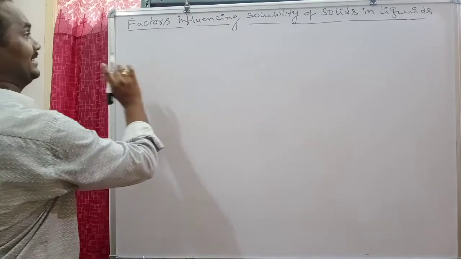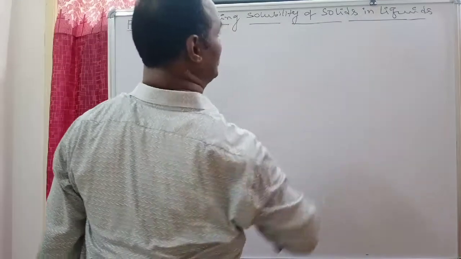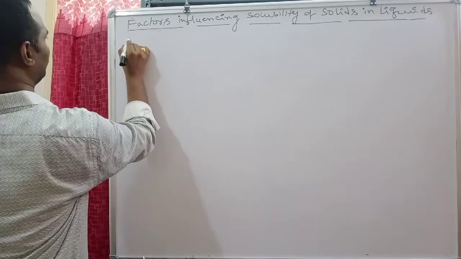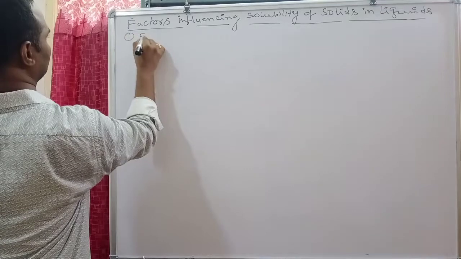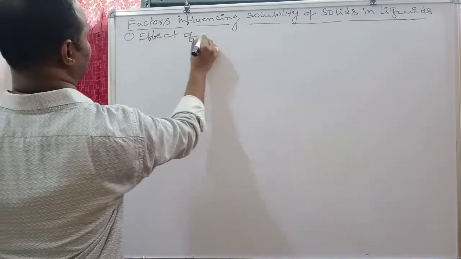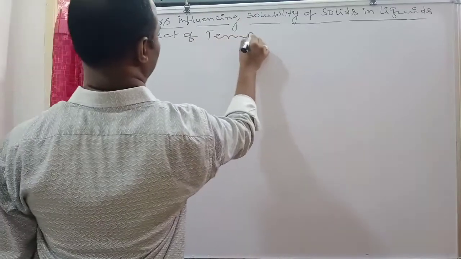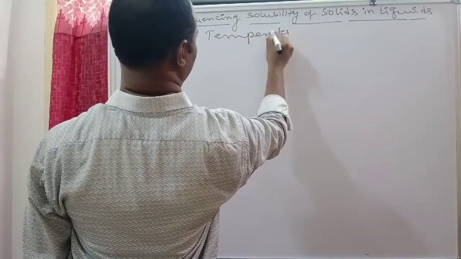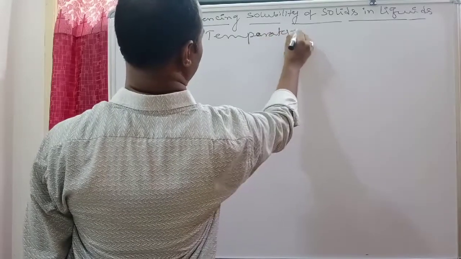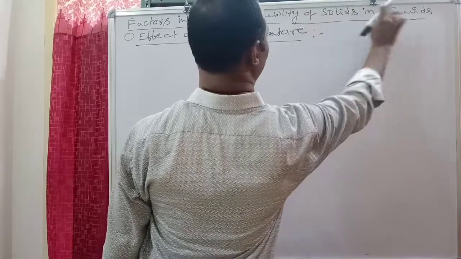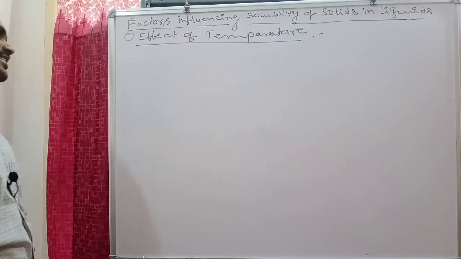First one, for solids dissolved in liquids, the major role is played by temperature. Effect of temperature on solubility of solids in liquids.